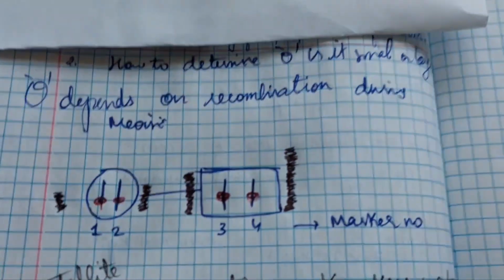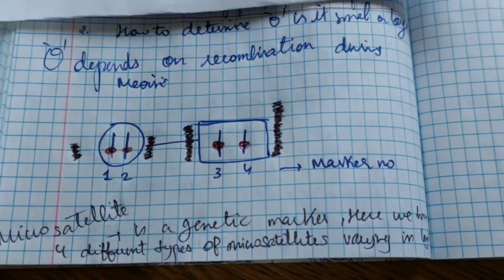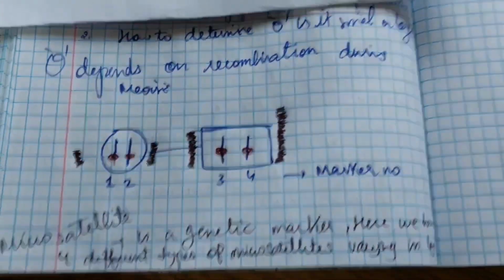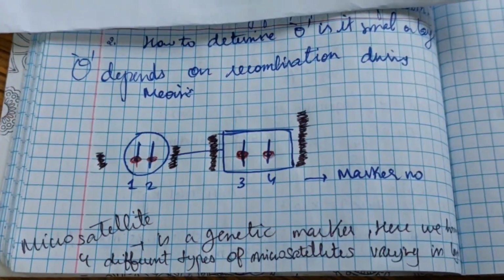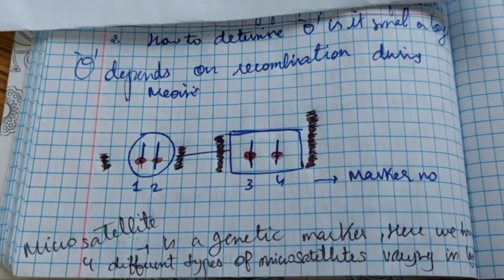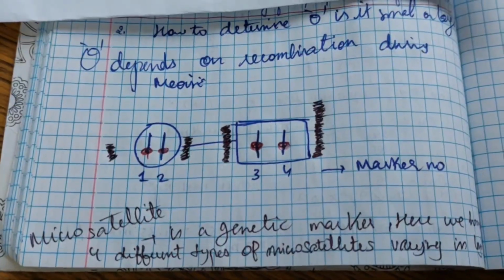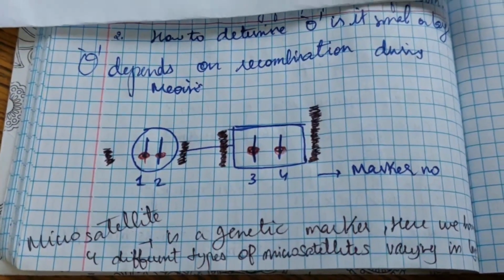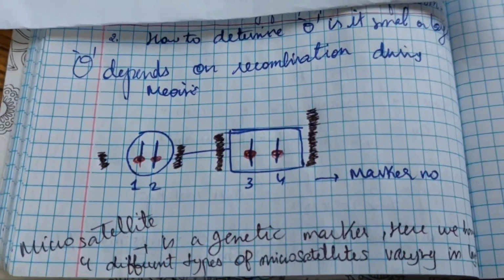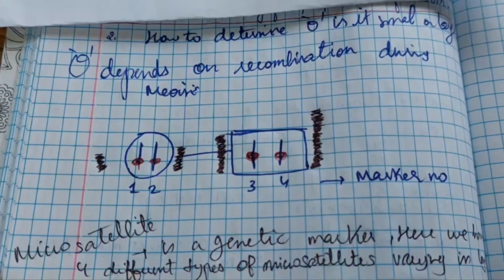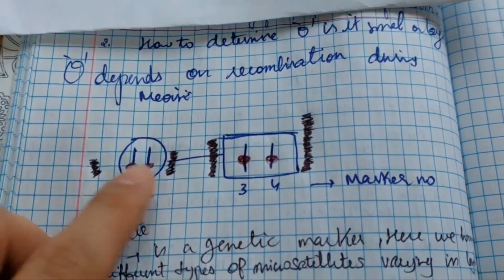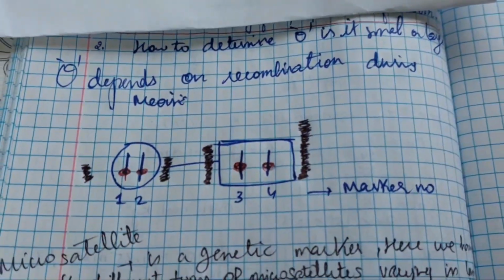To understand that, we are going to see a pedigree example, but before that we have to understand the concept of microsatellites. Microsatellites are genetic markers characterized by the same type of repeat, but the number of repeats varies from person to person. Also, the microsatellite is present at the same locus on each chromosome.